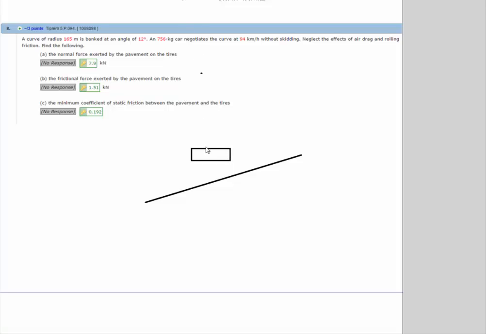I'm going to come over here, draw the car in the orientation it is. I'm going to make this angle here my 12 degrees. Off here, I'm going to do my mass times acceleration. Let me do that with a vector.